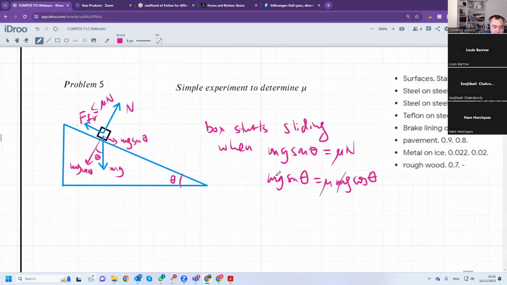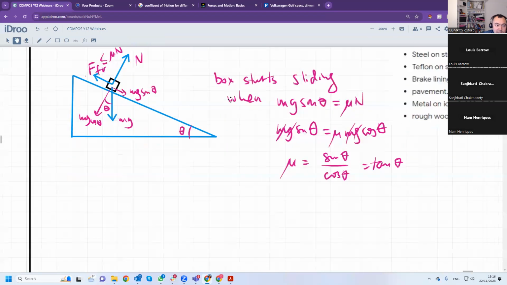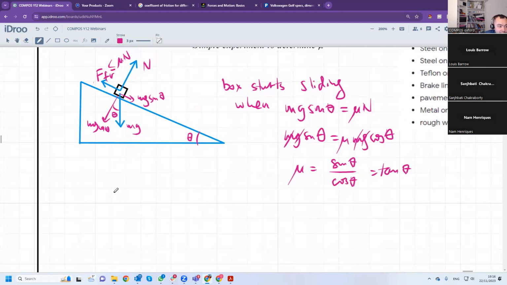So m cancels, g cancels, and we have mu is equal to sine theta divided by cos theta, which is tan theta. So basically, this is a very important criterion. Tan theta greater than mu: slides down with acceleration.